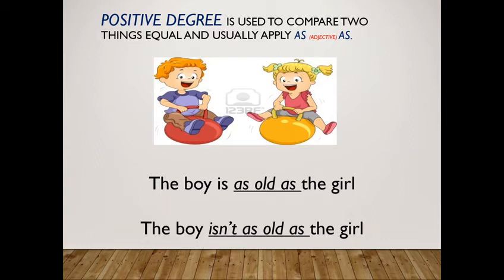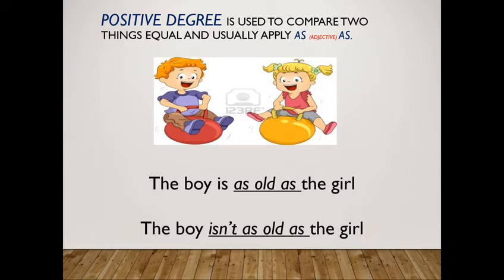The boy is as old as the girl. Bahwa laki-laki itu sama umurnya atau sama tuanya dengan perempuan itu. Or in Indonesian language you can say laki-laki itu seumuran dengan perempuan itu.